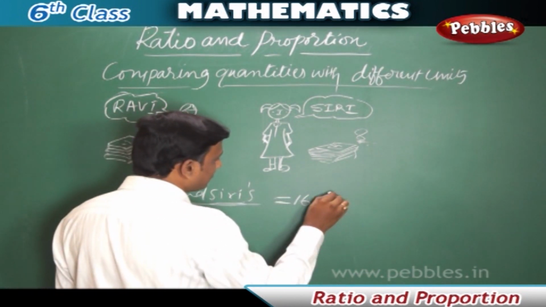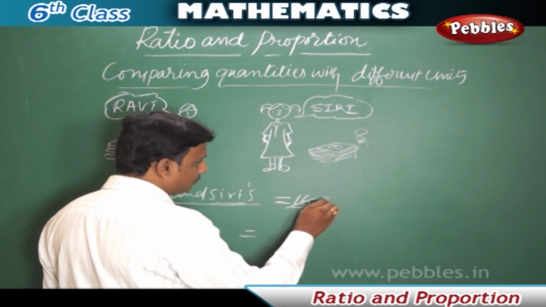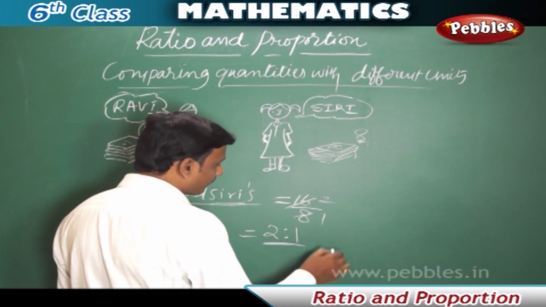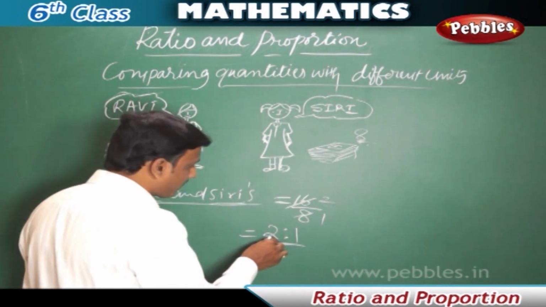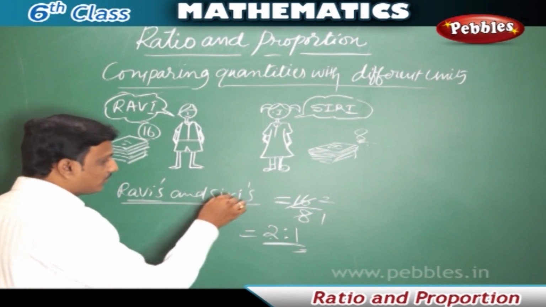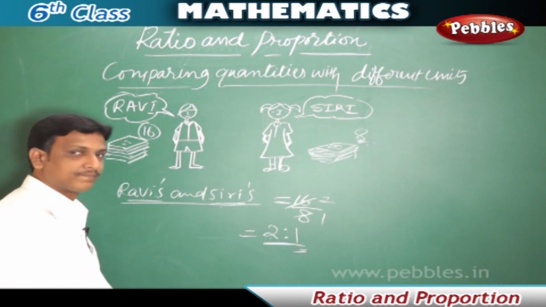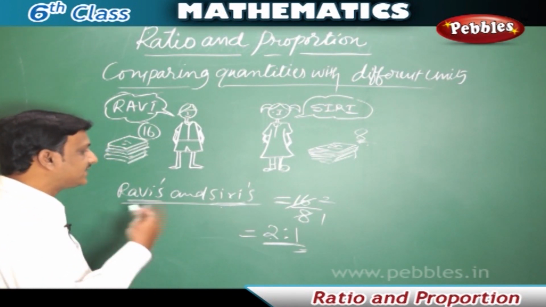So 16 by 8 equals 2 is to 1. So this 2 represents books of Ravi and 1 represents books of Siri. Here the order remains the same. Now let us see if we compare the books of Siri with Ravi.